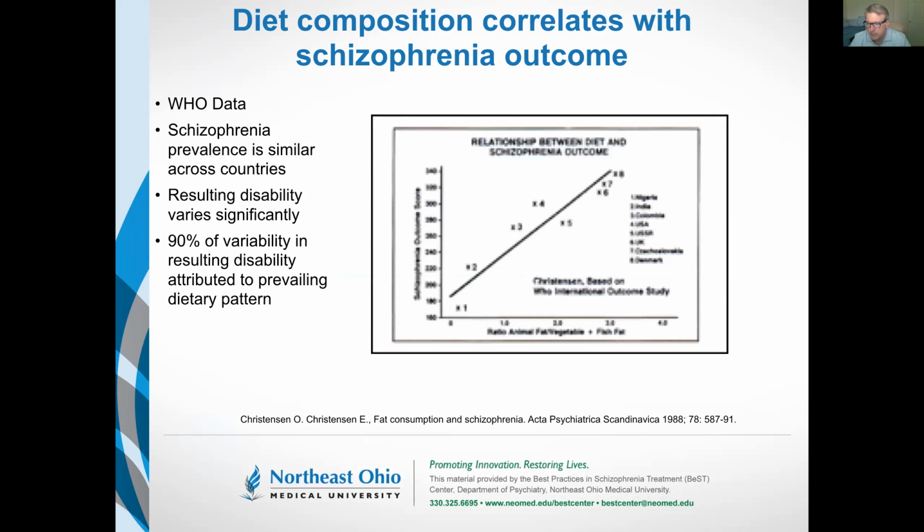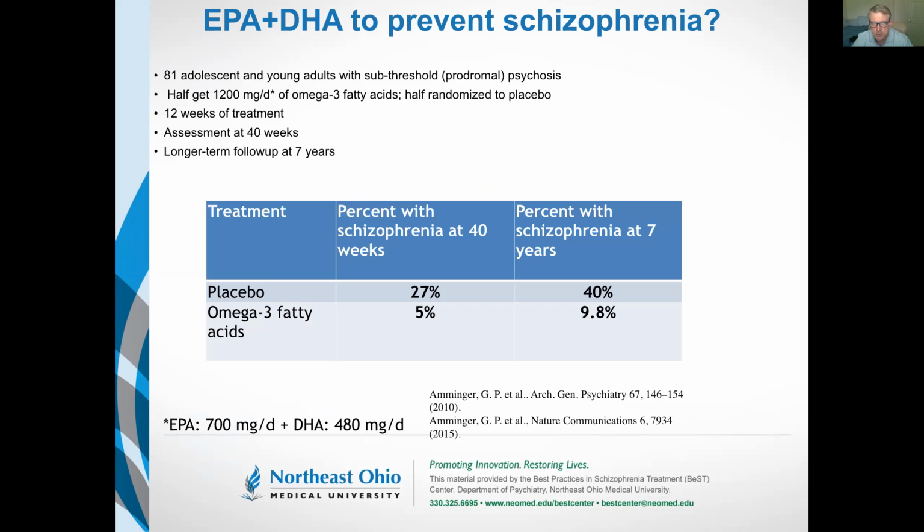And it correlates with having a higher percentage of their dietary fat coming from fish or from vegetable sources. And the dietary fat accounted for 90% of the variability in disability outcome, by the way. Again, doesn't prove causation, but it's an interesting relationship.